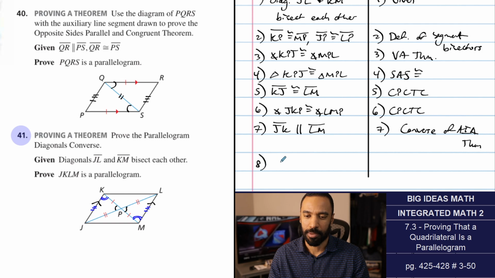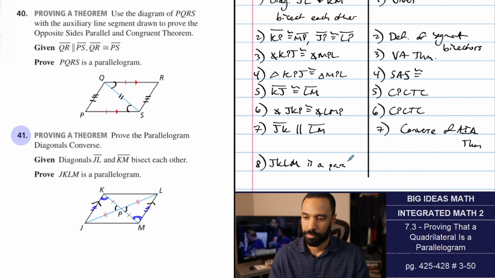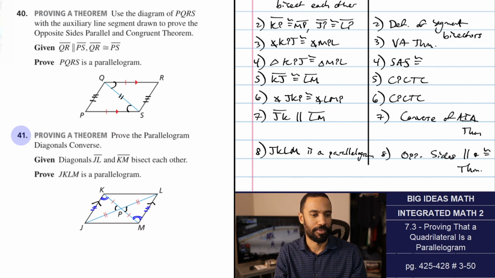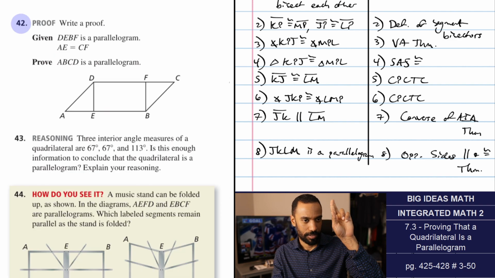So finally, statement 8, JKLM is a parallelogram, by the opposite sides parallel and congruent theorem. Okay, 8 steps for that one. Not bad. No more proofs.